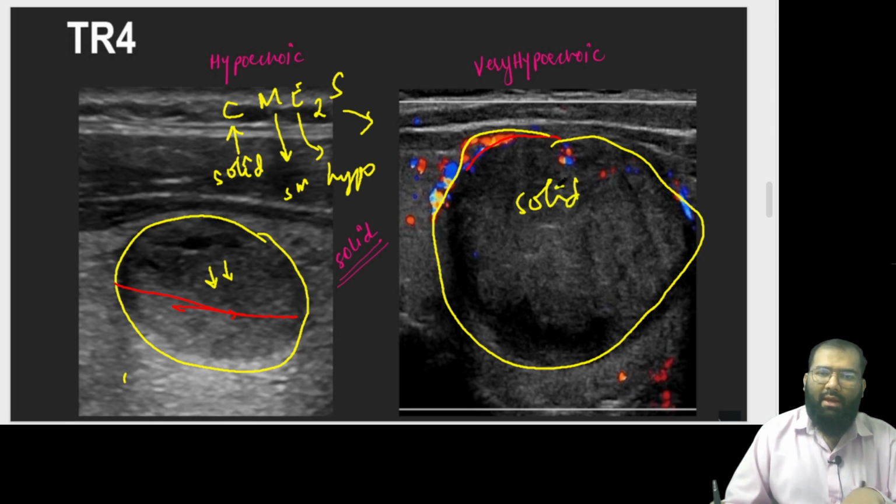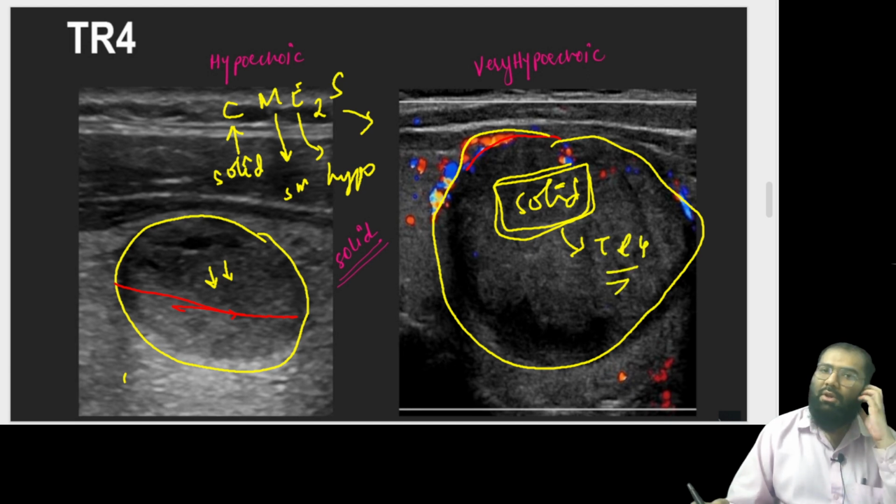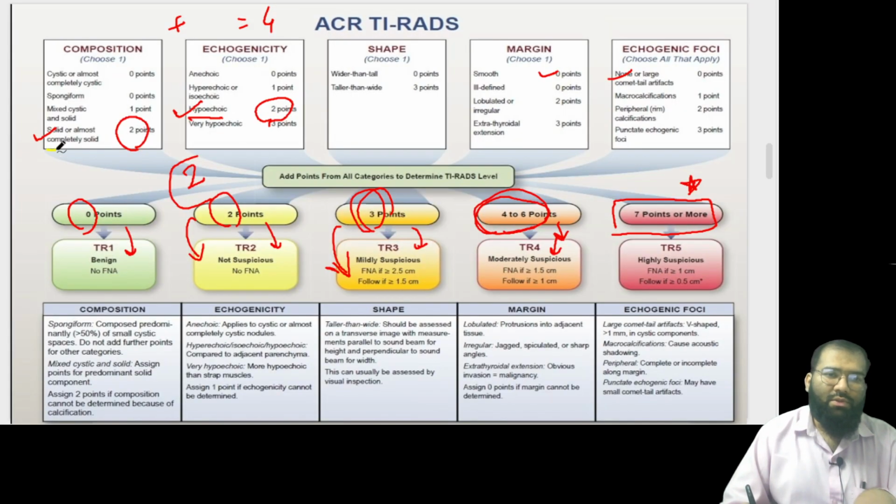So remember, whenever it's a solid lesion, it usually goes for TIRADS 4. Okay? And solid hypoechoic is always more than TIRADS 2. Okay, remember. Because as soon as you say solid, it means 2 points are automatically there. So it becomes more than TIRADS 2.